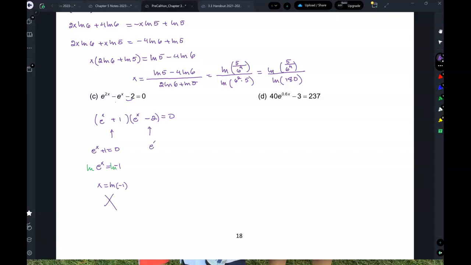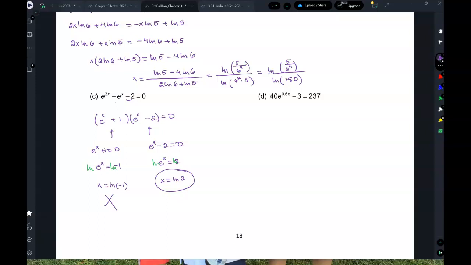Here, e to the x minus 2 equals 0. e to the x equals 2. Take ln of both sides. x is ln of 2. That's a good enough answer unless the instructions say for you to put it in decimals, and then it's 0.693.